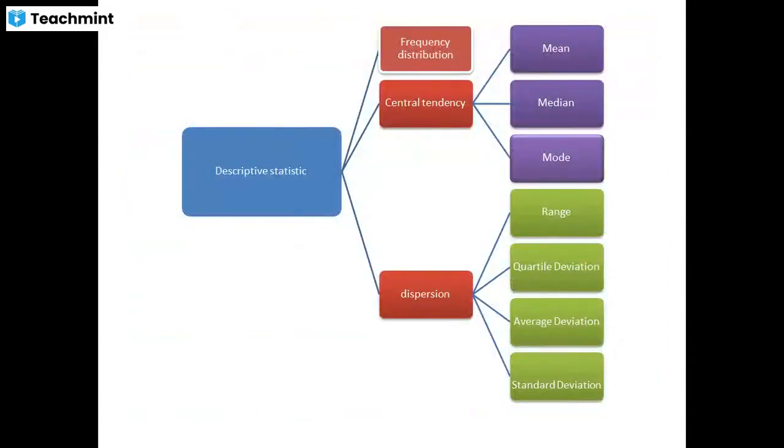See here, this is descriptive statistics, and descriptive statistics has mainly three parts. One is frequency distribution, where mainly we use graphs. Then central tendency: these are the mean, the median, and the mode. And dispersion.